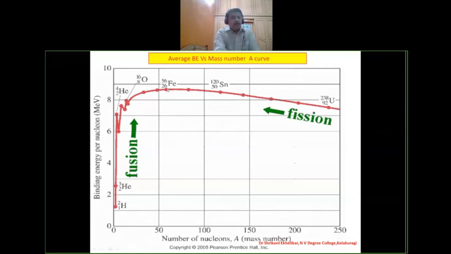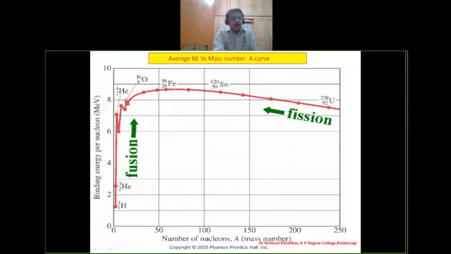So this is for iron. Iron has the maximum binding energy, so you know it is very strong. Iron is 56, and its maximum binding energy is 8.8. For very light nuclei, that is how you have to write: for light nuclei, binding energy increases. So this is the binding energy for hydrogen, helium, lithium, like this, and oxygen.